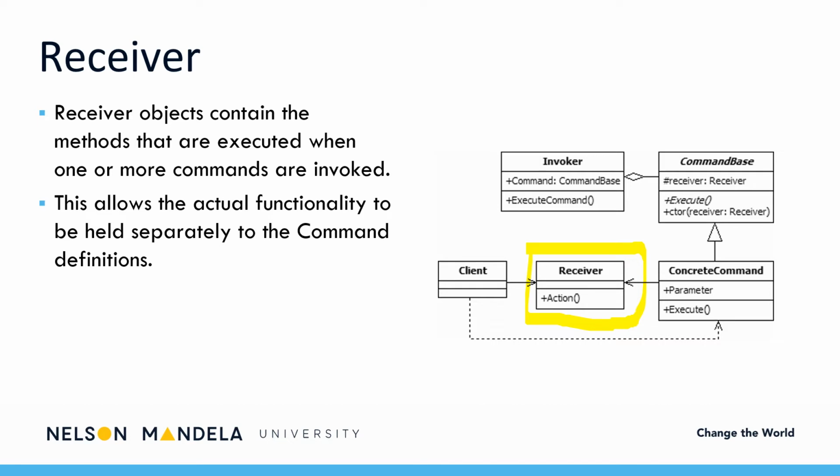So this is the class that knows how to perform the work or how to carry out the request from the command over here. This allows the actual functionality to be held separately to the command definitions.